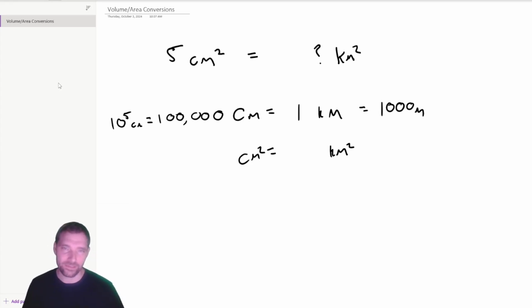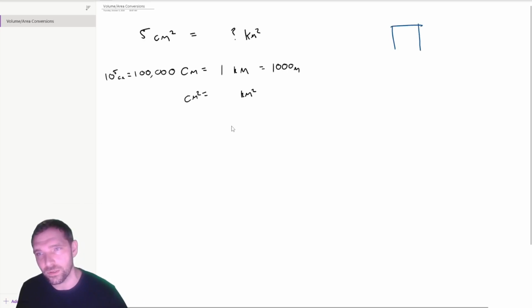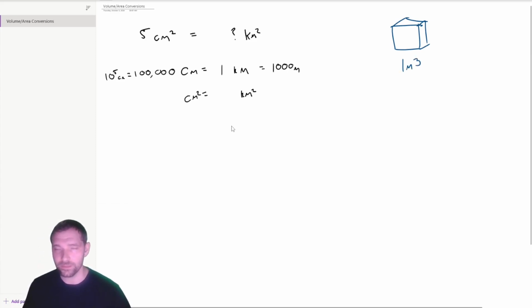The best way to imagine how this works is to just think about a cubic meter and then try and think about it in terms of cubic centimeters. I know we're doing area right now, but it's very similar for volume. So we're going to think about some sort of cubic meter here. And so this is 1 cubic meter.